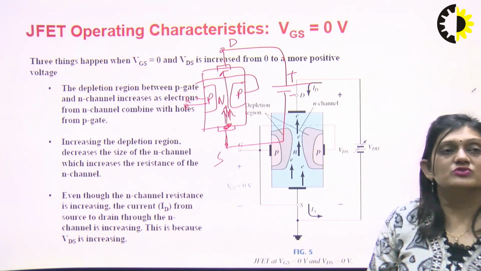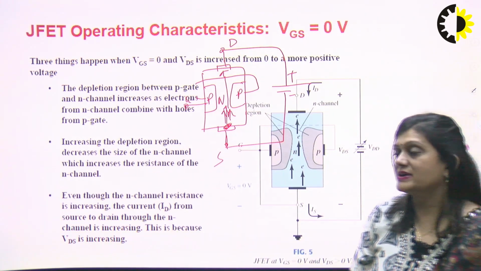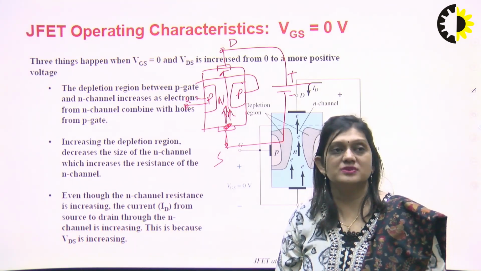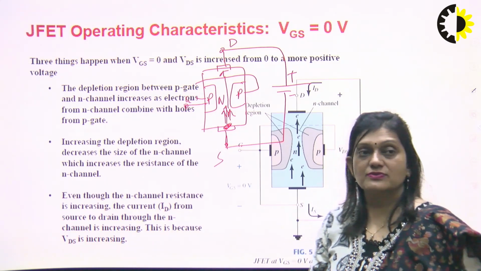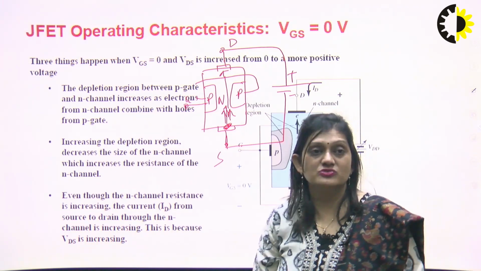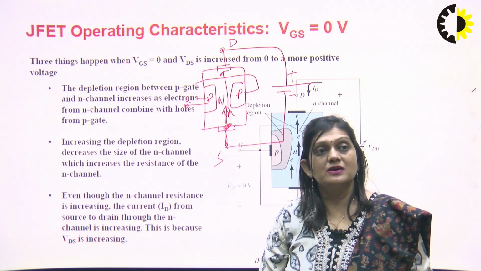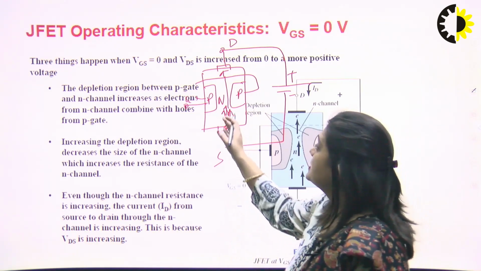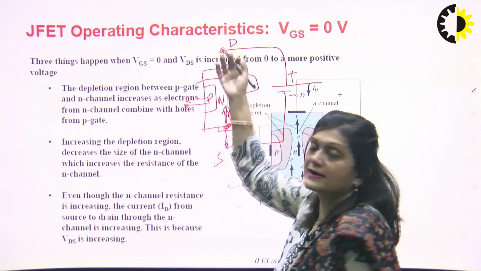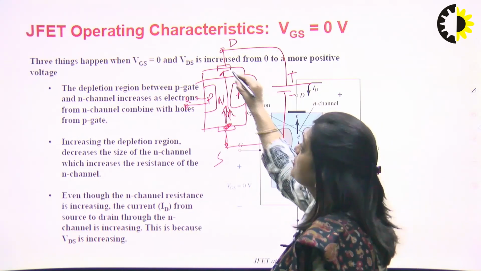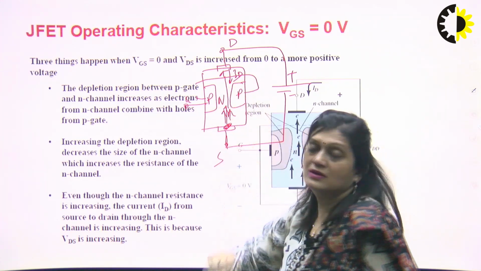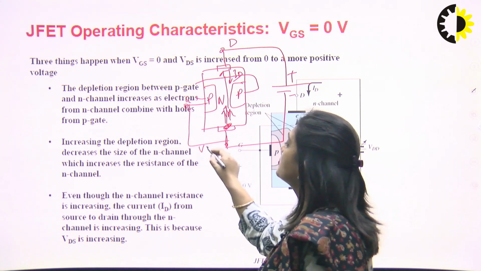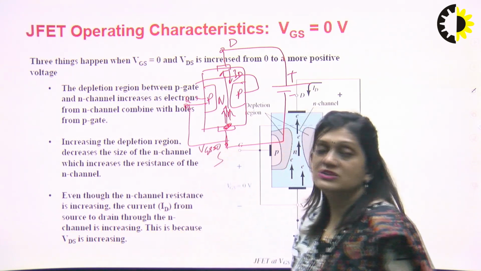If this is an N channel, the source is connected with the negative supply. If it is a P channel, the source is connected with the positive supply. Because we have to give a repulsive force to the source so that it may release the charge carriers. So electrons will be repelled from the source to the drain, and current will flow in the opposite direction. This is the analysis when VGS is 0. The first analysis is when VGS is kept at 0.